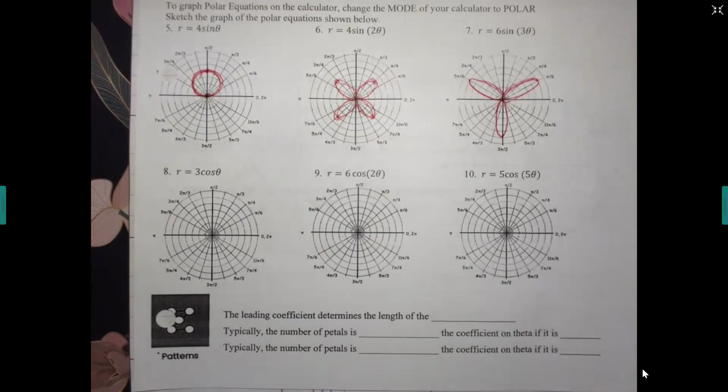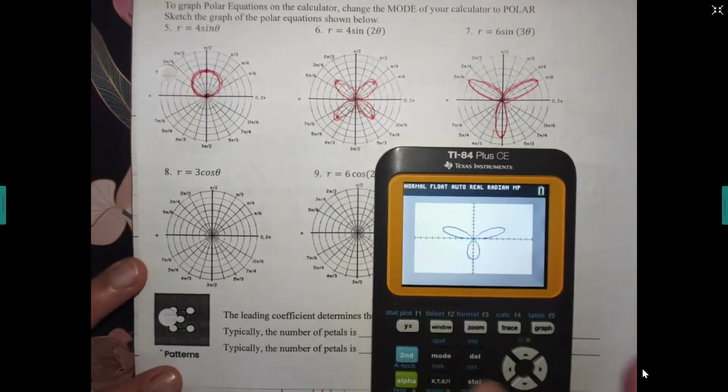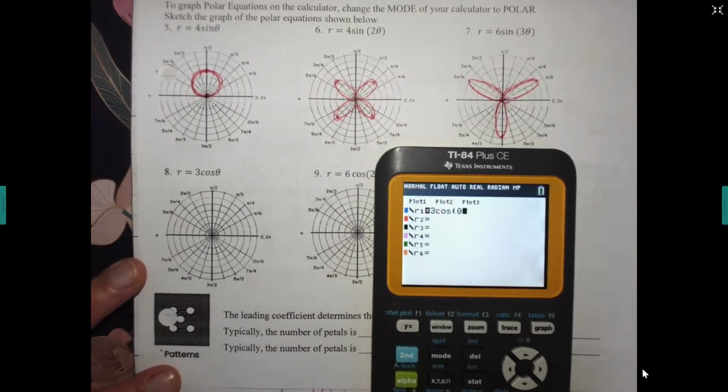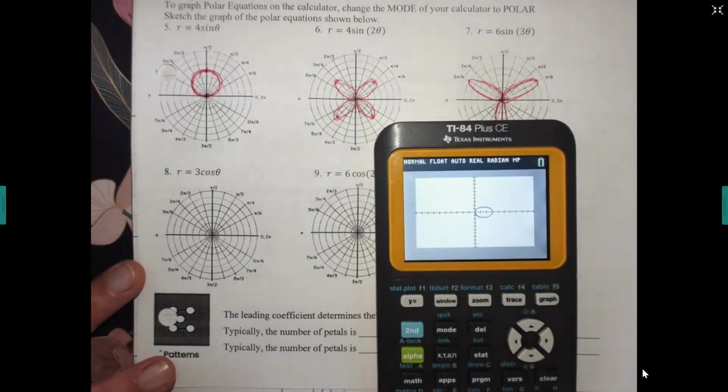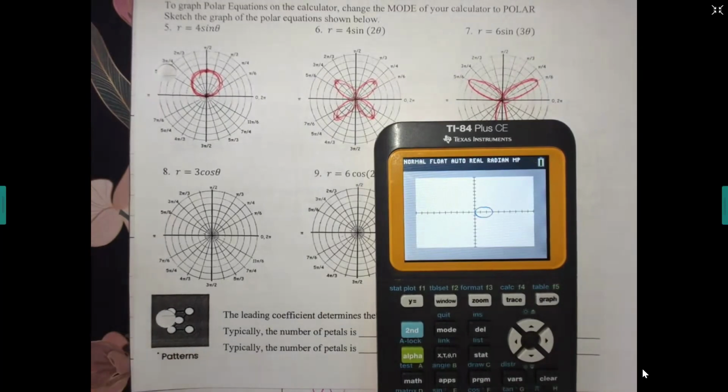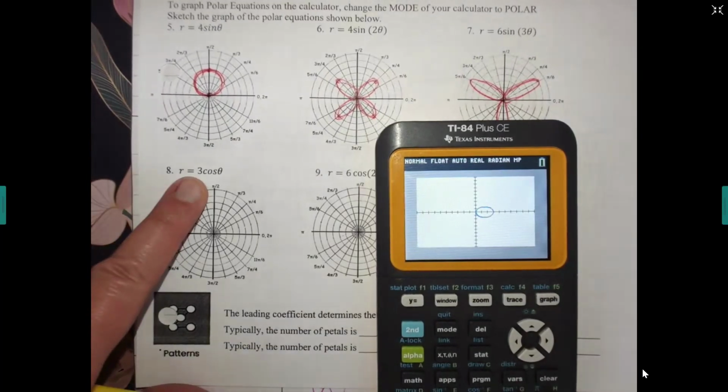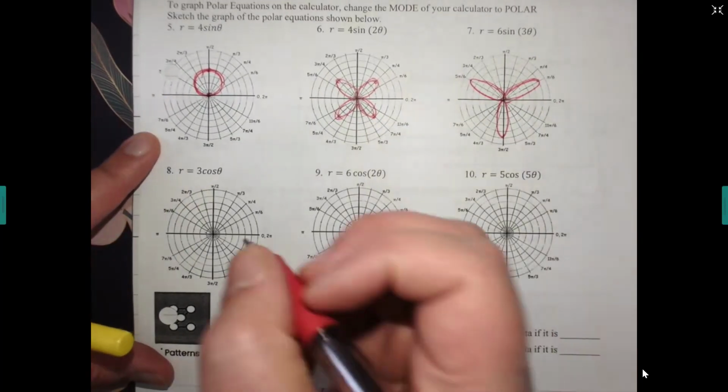Okay. All right, next one, type in number 8. Okay, rather than a sine, we're going to do a cosine this time. So 3 cosine theta. Okay, how many petals do we have? 1. How long is it? 3, which is the number in the front. What changed though?